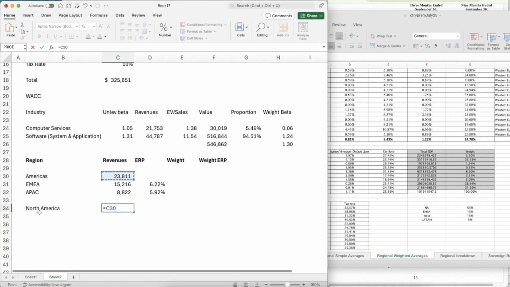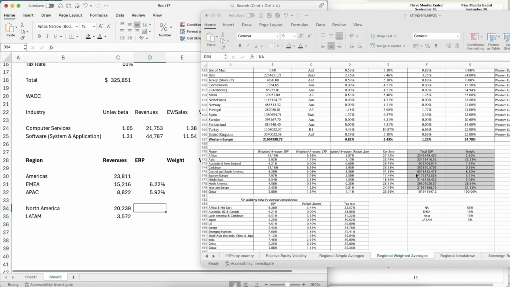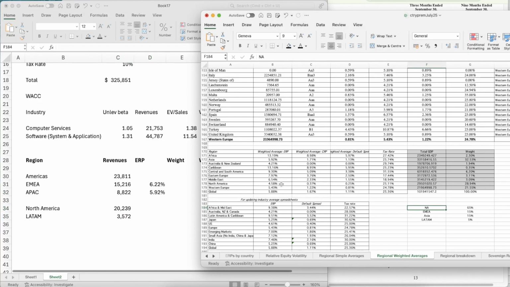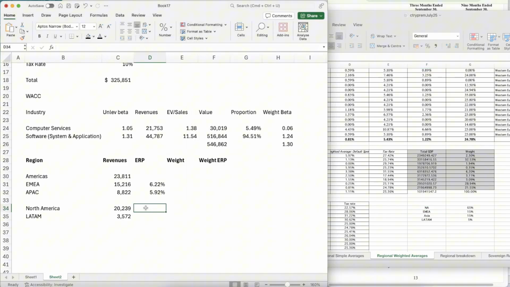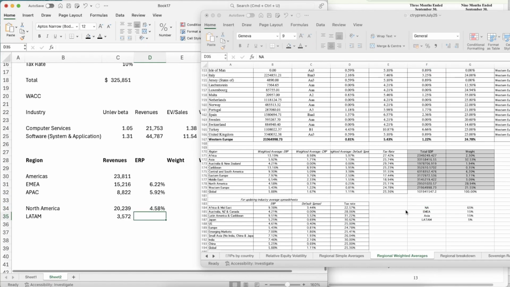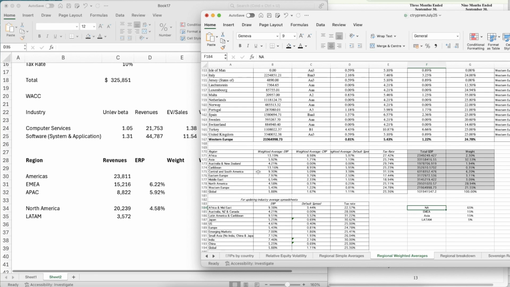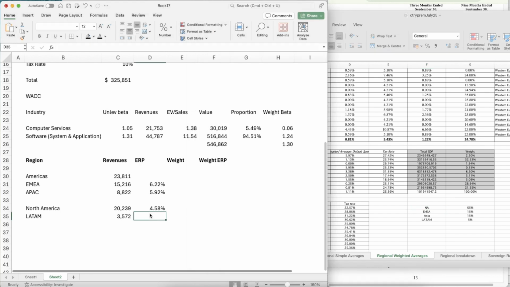So multiplied by 0.85, then we say LATAM equals multiplied by 0.15. Now we can give these two weights. So North America, 4.58%. LATAM, 9.51%.